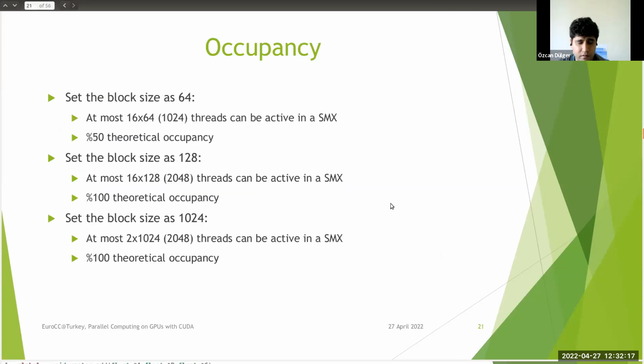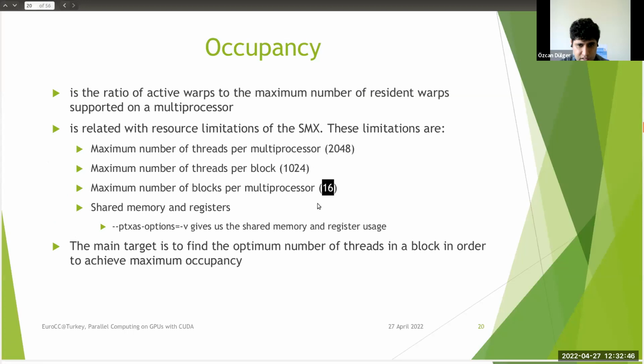For example, if we set the number of threads in a block to 64, since at most 16 blocks are active in a streaming multiprocessor, remember this limitation.